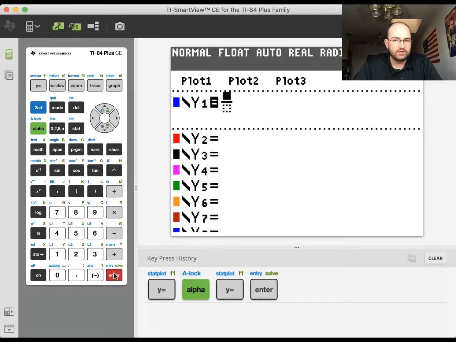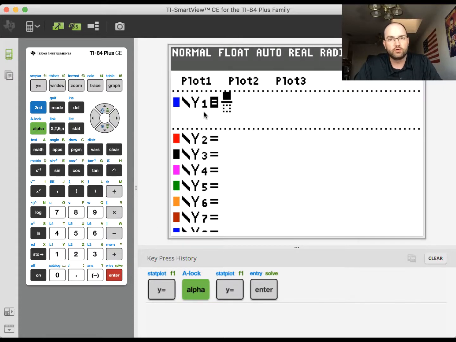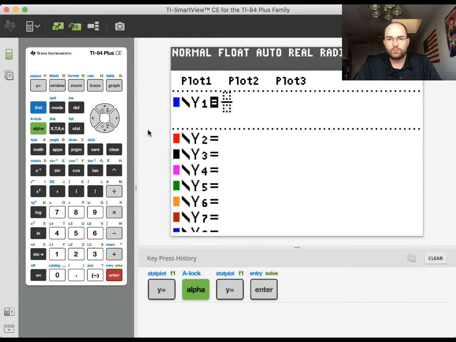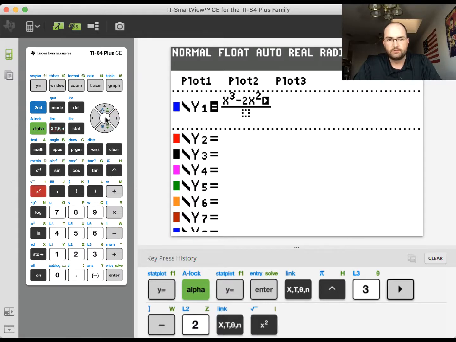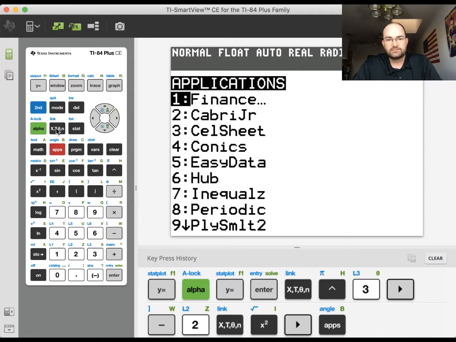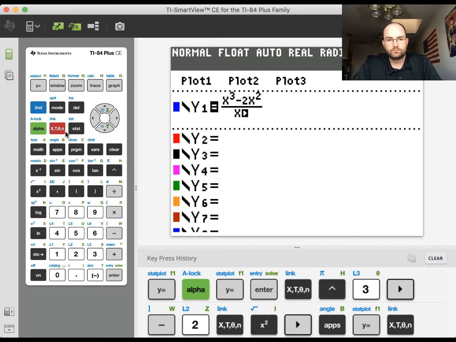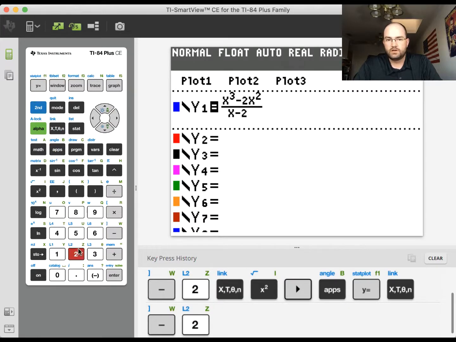Otherwise, if you don't do this, it's going to come out wrong, more than likely. So we would have x cubed, x and then caret 3, right arrow, minus 2 and then x squared. Good. Use right arrow to go down to the denominator, or down works as well. And then just x minus 2. Awesome. And again, x is just right here.